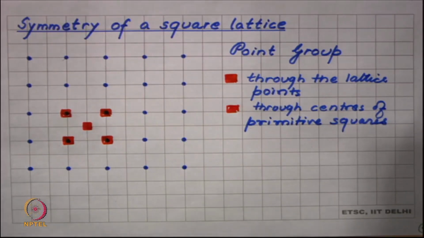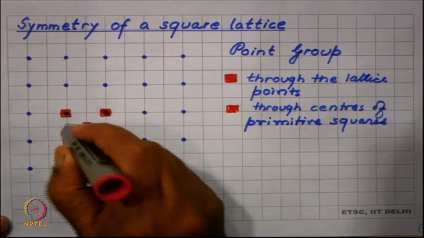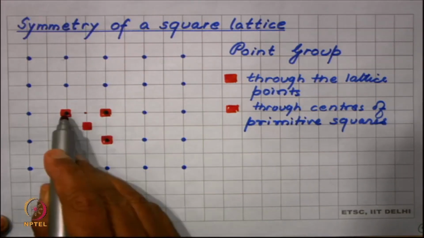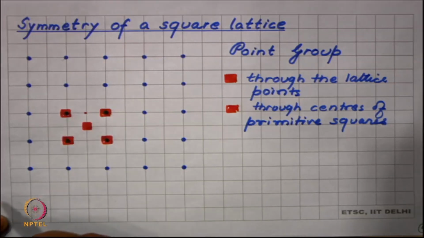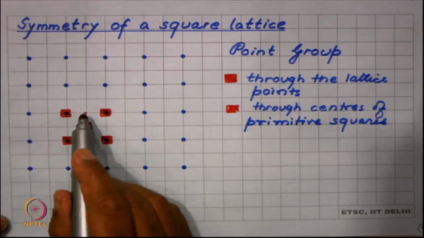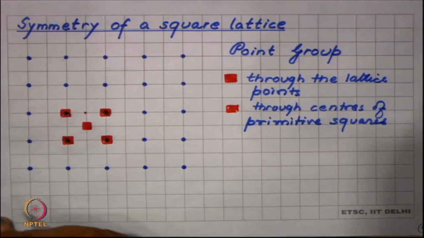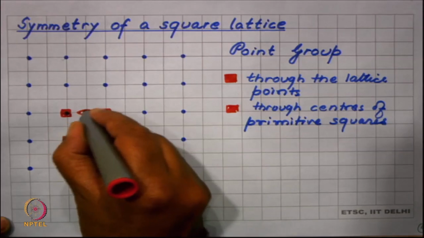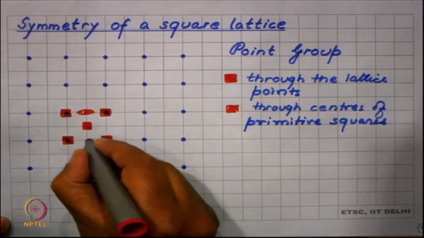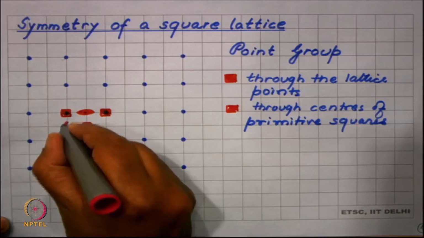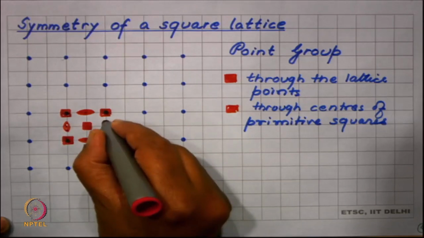Now, if we look carefully, we also find that if we rotate the entire pattern by 180 degrees about a point like this, which is midway between two lattice points, then the lattice will also come into self coincidence. So, there is a twofold axis midway between two lattice points. So, here also at these locations.